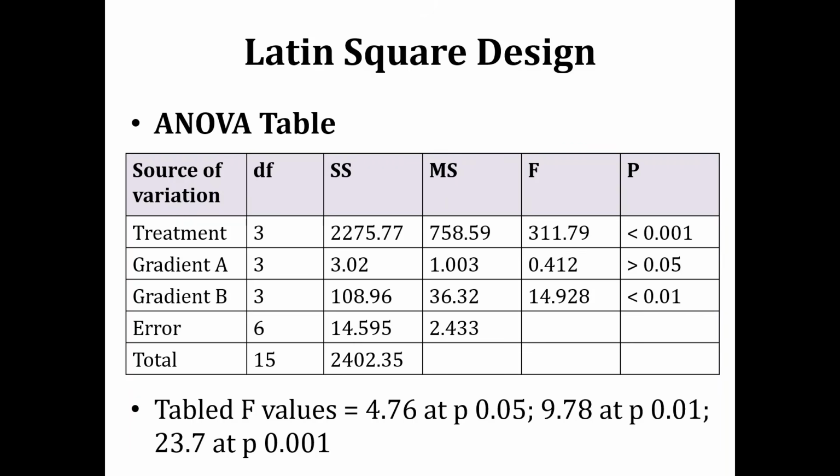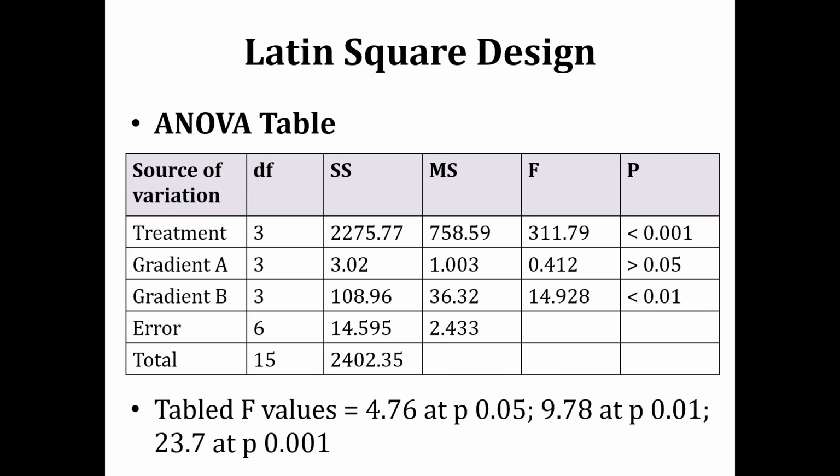And the sum of squares for treatment is 2275.77. Then the sum of squares for gradient A is quite low, this is 3.02, and the sum of squares for gradient B is 108.96. And sum of squares for error is 14.595, and the sum of squares total of all these four sums of squares is 2402.35.